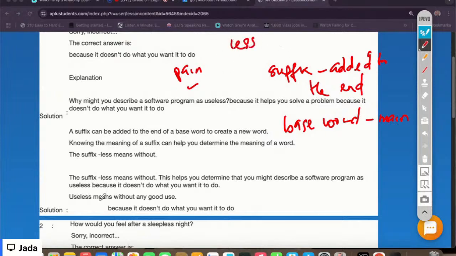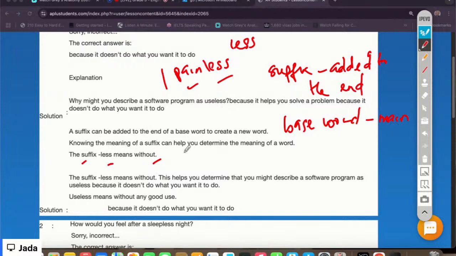Less, right? The suffix less means without. When we say painless, it means without pain, so something that isn't painful at all. We already had pain with a different meaning on its own, and once we added less, which is a suffix, it gave us a different meaning again, which became painless.